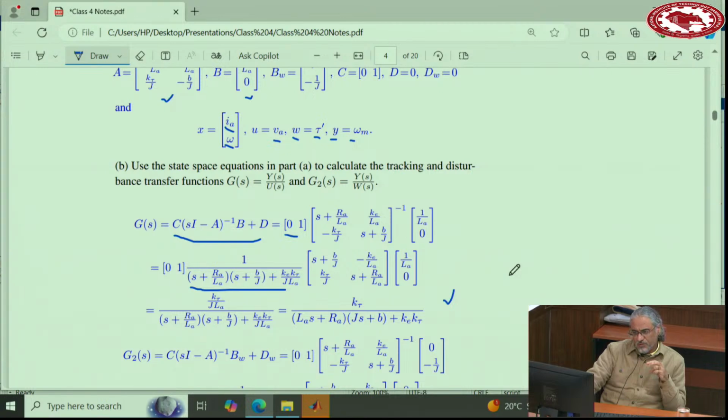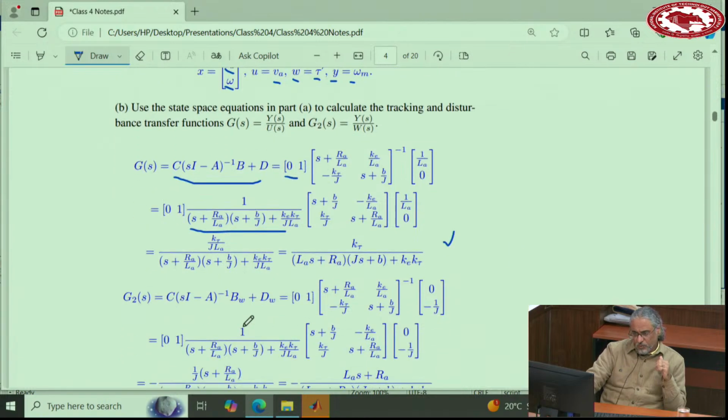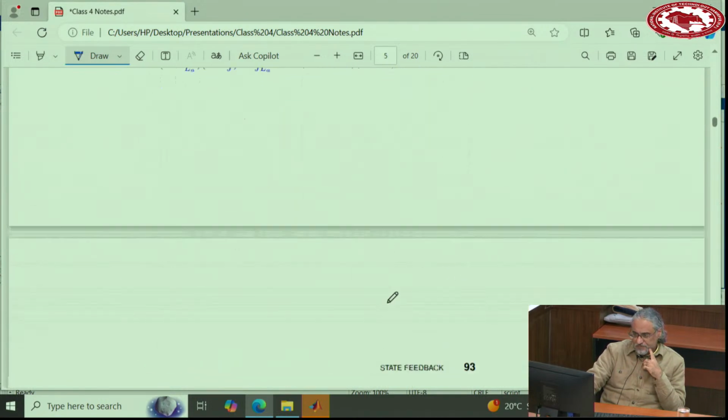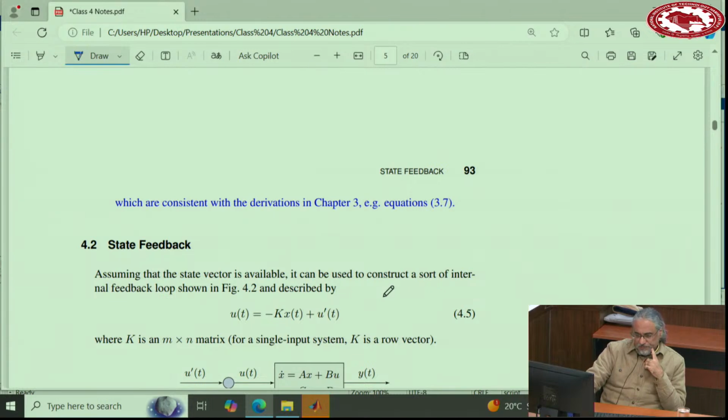If you want to find the transfer function from the disturbance to the output, you only put BW here. The only difference is that instead of B, you put BW here. And that gives you the transfer function from disturbance to the output, which is this one. Okay, so this is basically the core of a state space concept and a state space modeling.